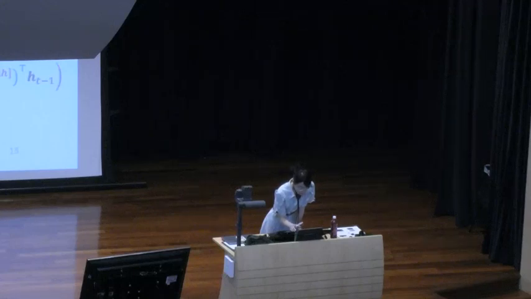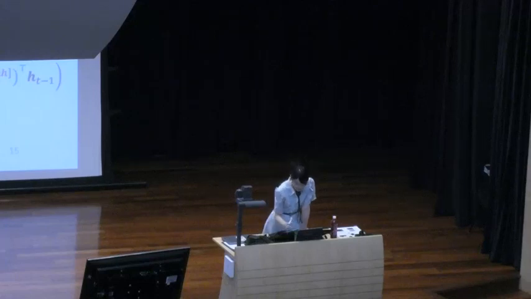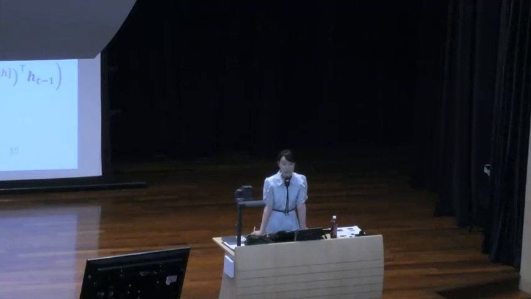And the recurrent neural network can also be represented in this way. Why can it be represented in this way? It is because all the weights, the same weights, are applied at each time step. Okay?